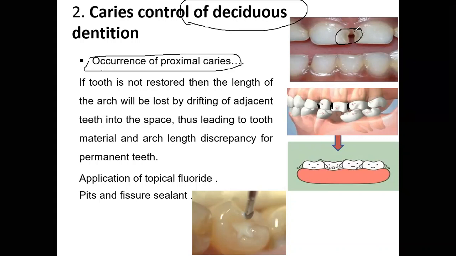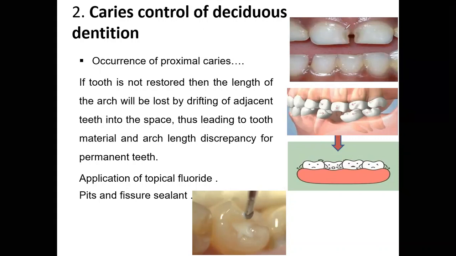You see, due to the caries, from here and from here, the tooth structure is lost. Earlier, before the caries, the width of the teeth was not up to here, it was up to here. Because of the caries, the width of both central incisors is reduced.